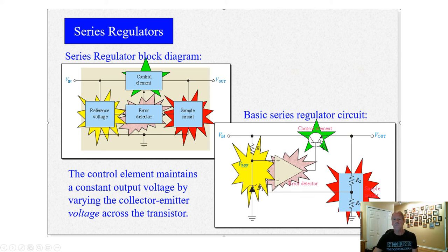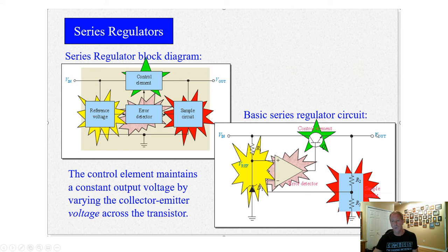So this transistor here is the control element. It's going to get a little warm, because it's always on, and not quite all the way on and not quite all the way off. It's somewhere in between. But it can get kind of hot if there's a lot of current going through here. It's a very common voltage regulator, but this particular one isn't current limited.